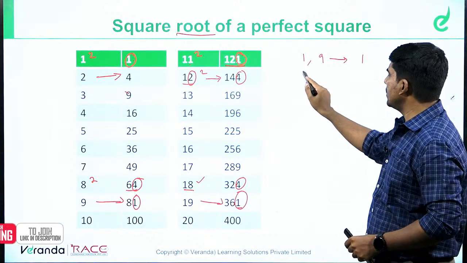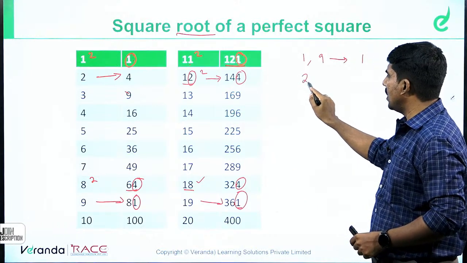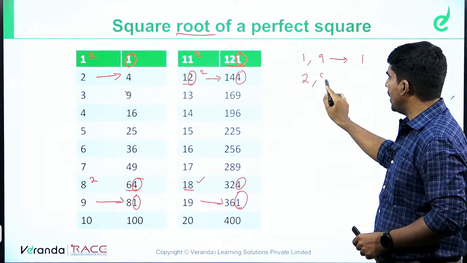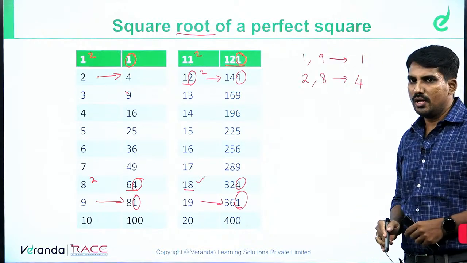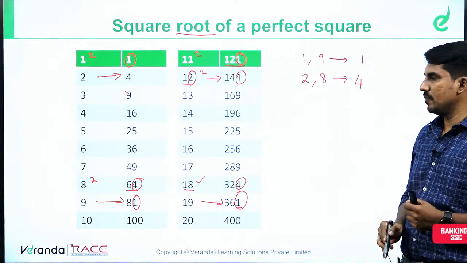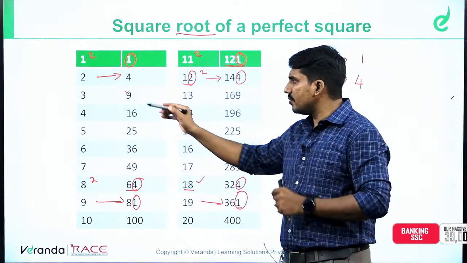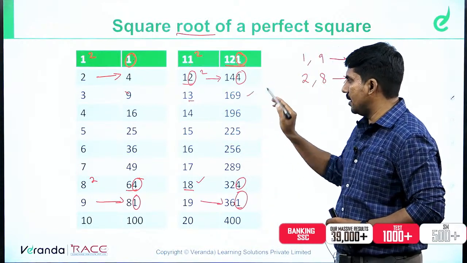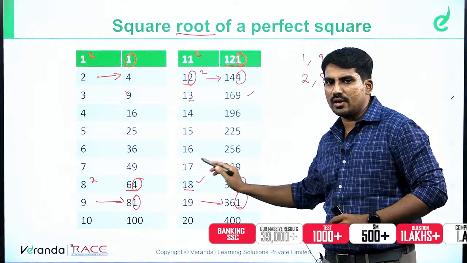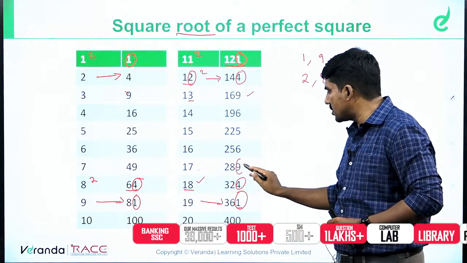So what is the combination? If the last digit of a number is 2 or 8, the square of the number ends with 4. Like that, 13 square you check. 13 square is 169. At the same time, 17 square, we worked an example, is 289.